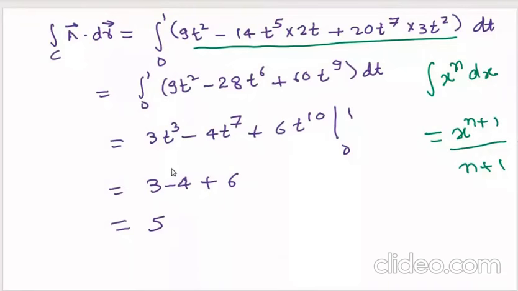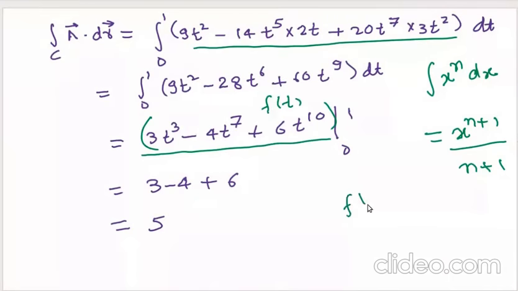Now you will obtain this integration as this, with the lower limit 0 and the upper limit 1. You put the upper limit first and then subtract the lower limit. Suppose this function is f of t, with limits from 0 to 1. Then this will be f of 1 minus f of 0, which I have used here. So you will obtain this result as 5.